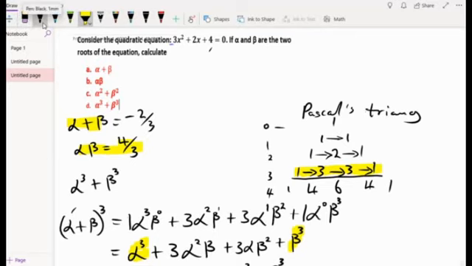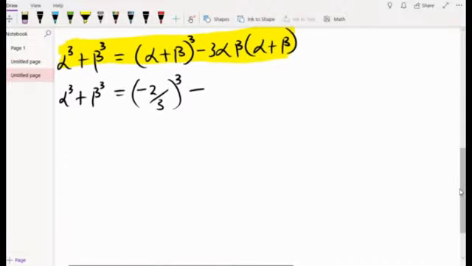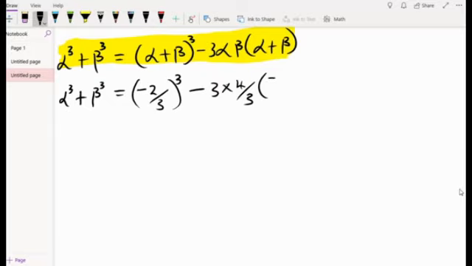So we put 4/3 as alpha beta. So that's going to be minus 3 times 4/3 into brackets. Alpha plus beta is minus 2/3.